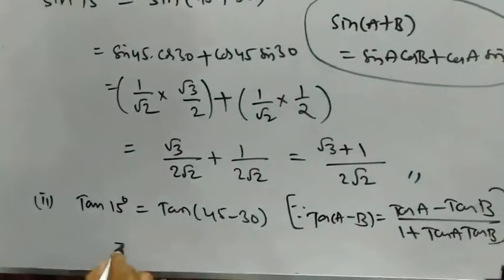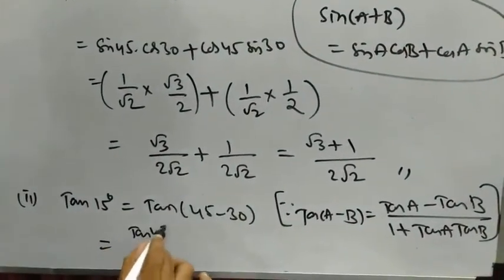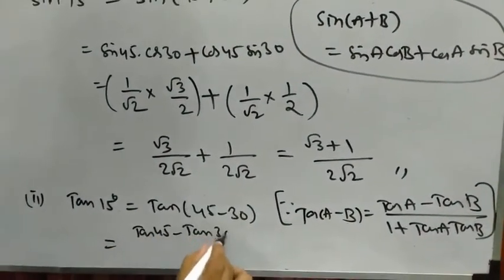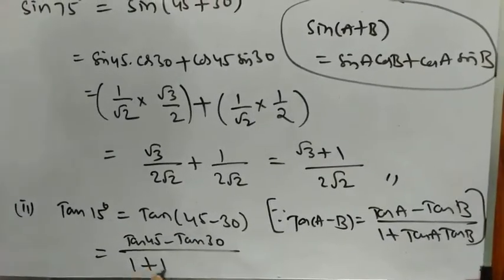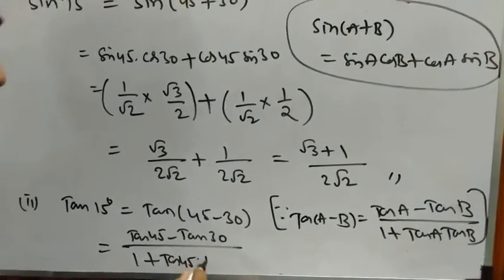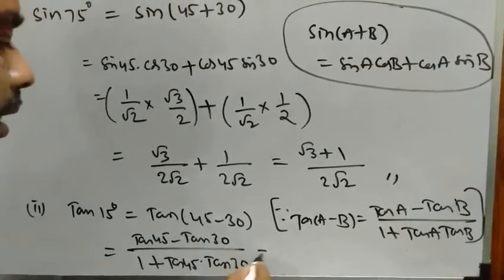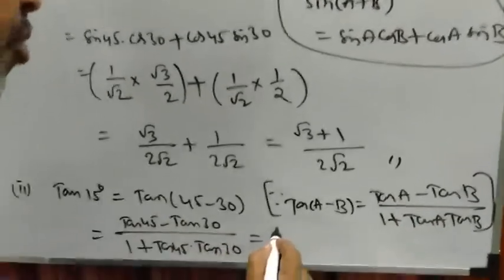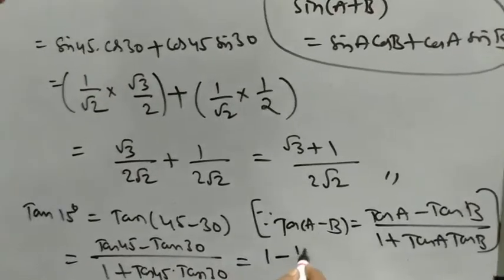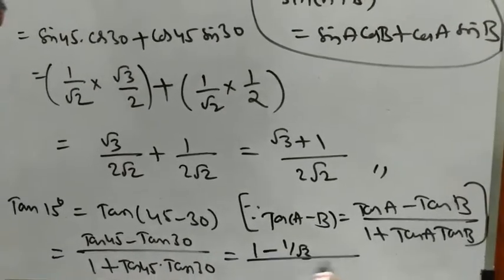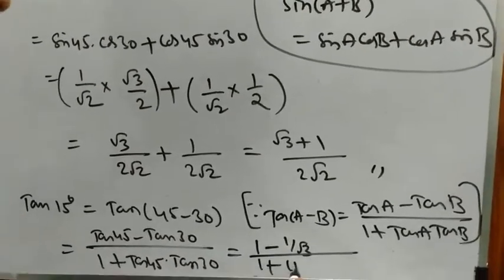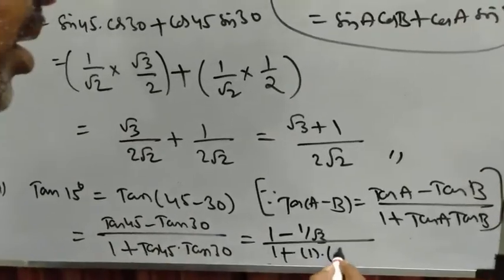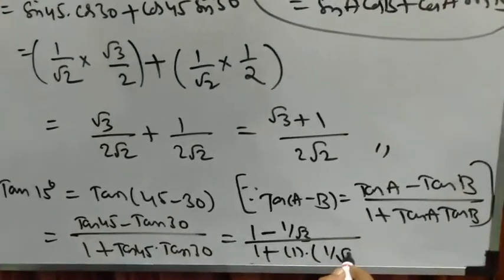So applying the formula, (tan 45 minus tan 30) by (1 plus tan 45 into tan 30). Now just substitute the values. Tan 45 is 1, tan 30 is 1 by root 3, by 1 plus tan 45 again 1, tan 30 that is 1 by root 3.